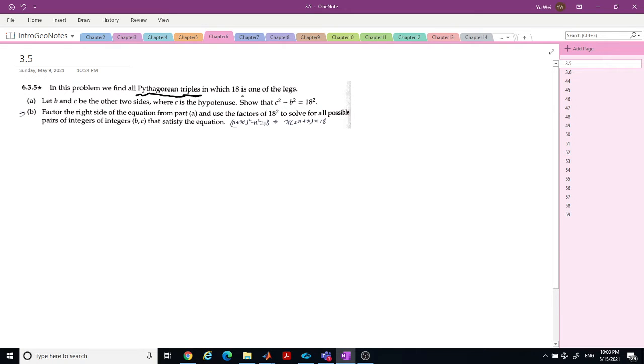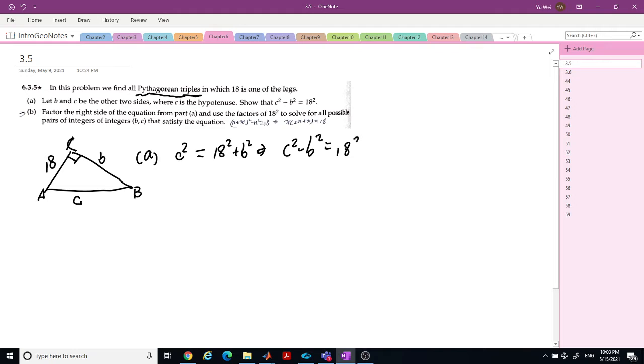In which 18 is one leg, right? So if 18 is one leg, we have a right triangle. You can see C and B, for example, and this is 18, so we have C squared equal to 18 squared plus B squared. So C squared minus B squared equals 18 squared. Then we can factorize C squared minus B squared, which equals 18 squared.